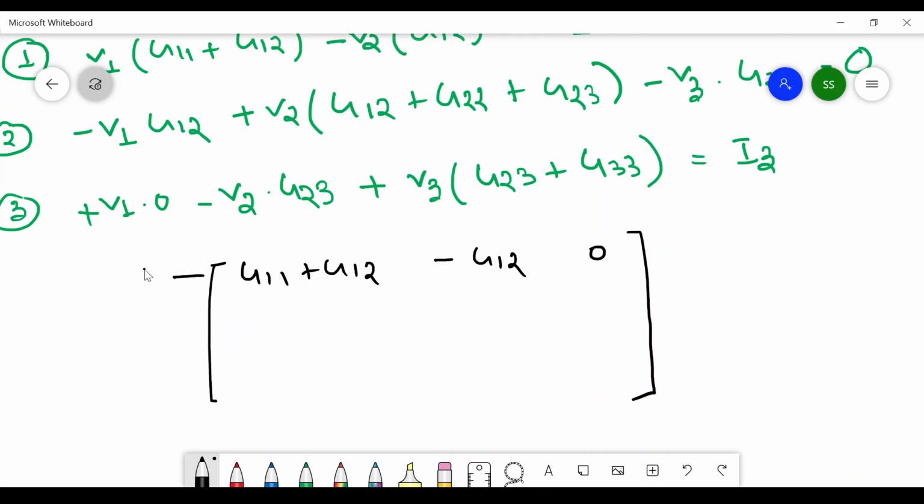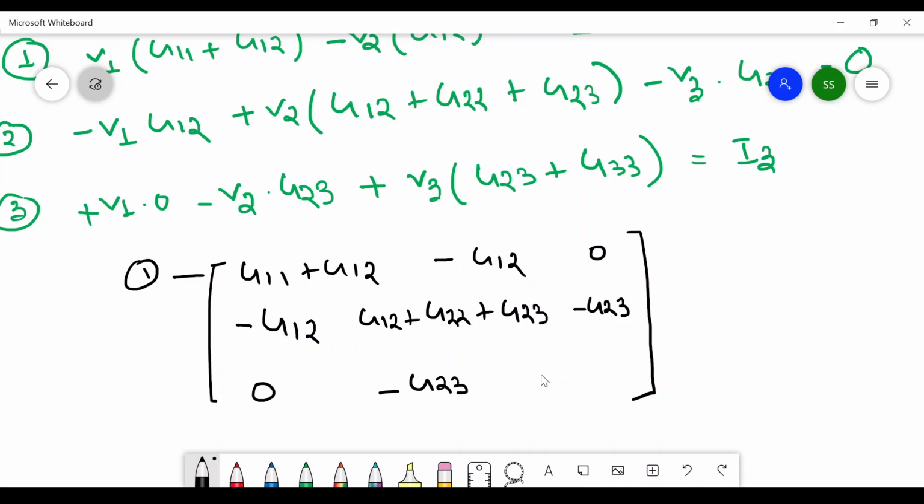This is for node 1. Okay, and for node 2, minus G12, and the middle term is G12 plus G22 plus G23, and here minus G23, here it is 0, minus G23, and here G23 plus G33.